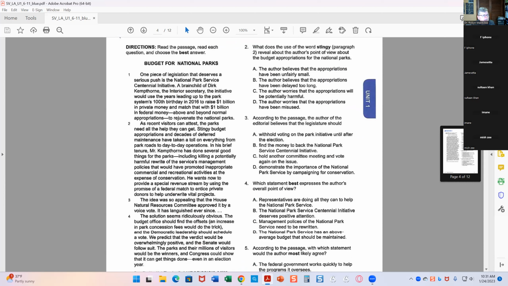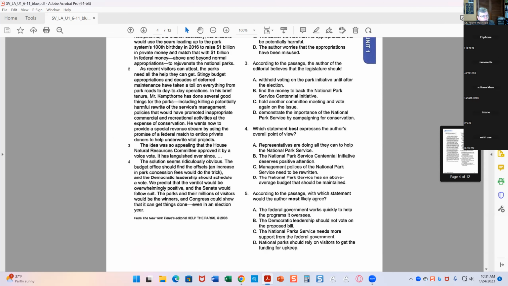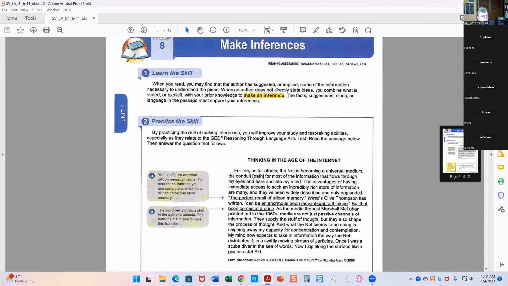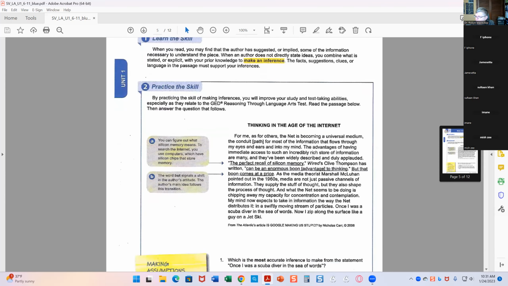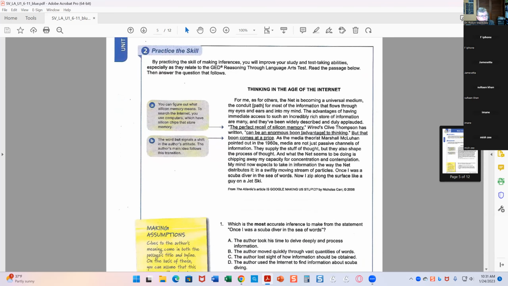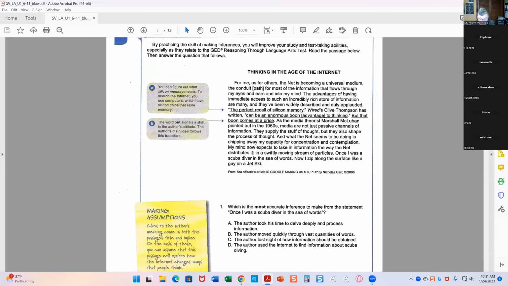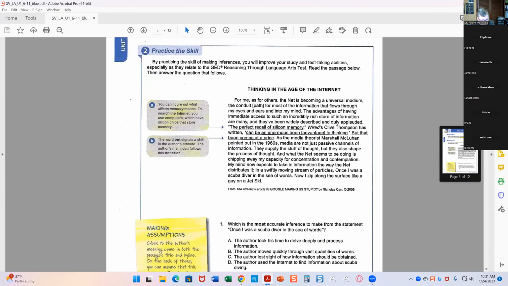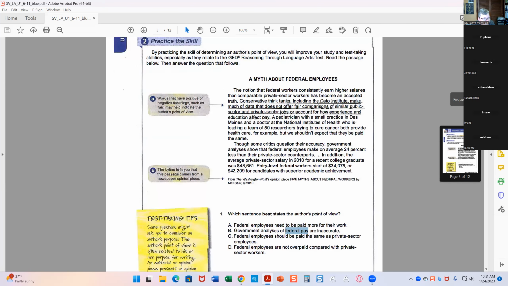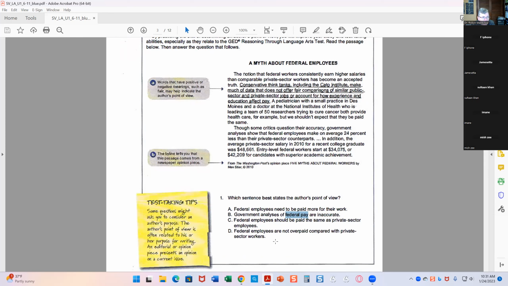I think we did this one last week. Yeah. National parks. Then we'll do, I think, what time is it? And we may wrap up. What do you think? The C was the correct thing? For the last one that we did, that was D. Federal employees are not overpaid compared with private sector.